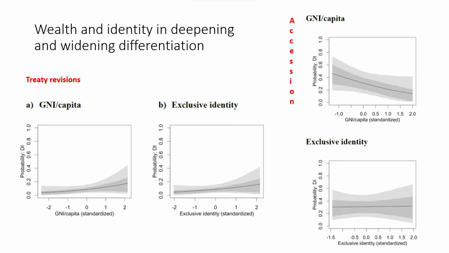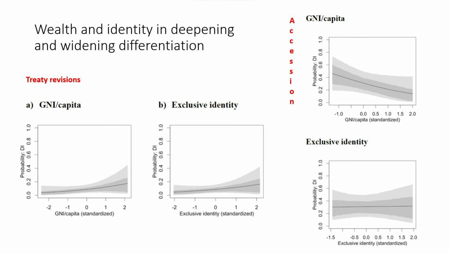Here you see the probability that when a treaty is being made, this looks at the treaty-making episodes, the richer a country is, measured as the gross national income per capita, the more likely it is that this country will have an opt-out.